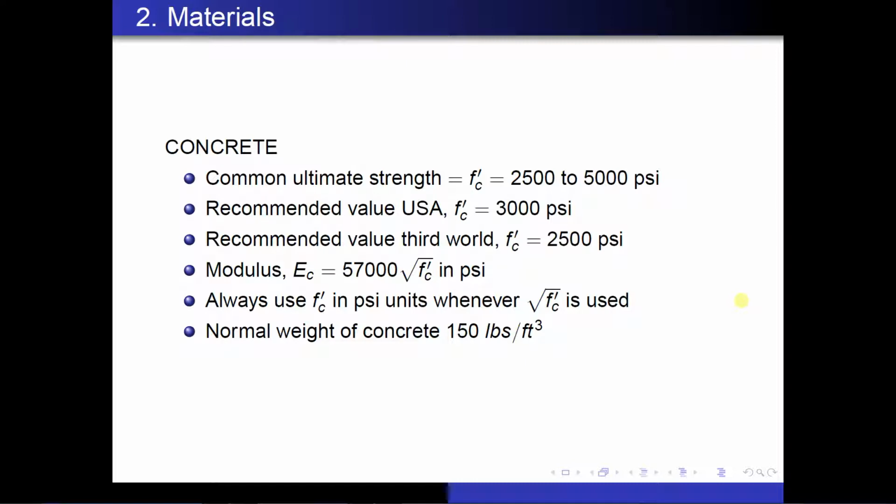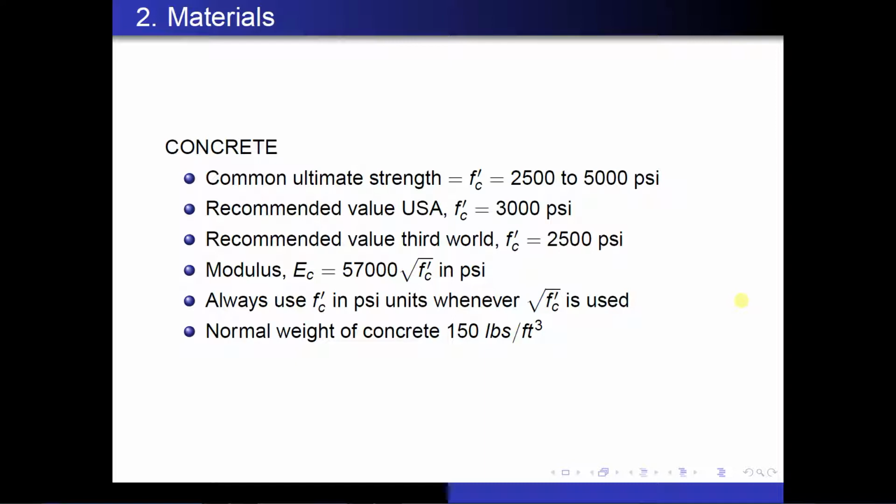Now, we're going to talk a little bit about materials. And first off, we are going to talk about concrete. And one of the most important things that we use as a material property for concrete is its ultimate strength. And this is its ultimate compressive strength.